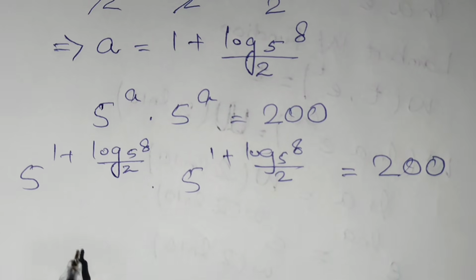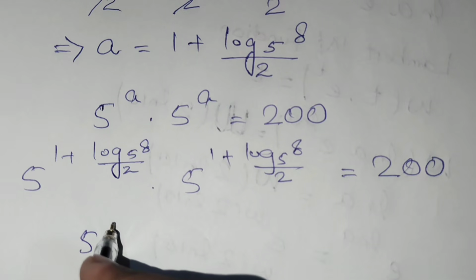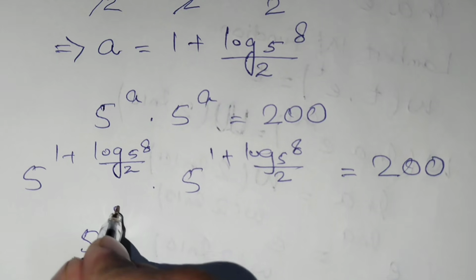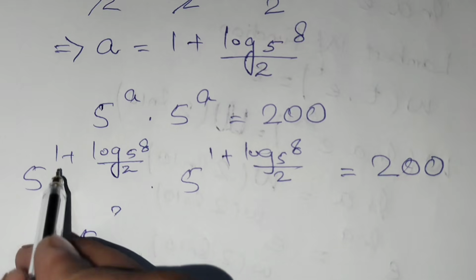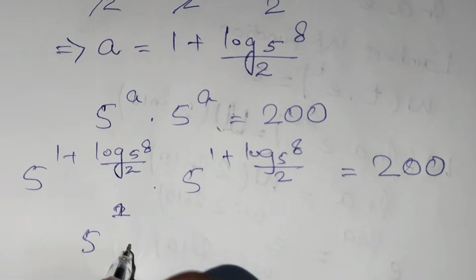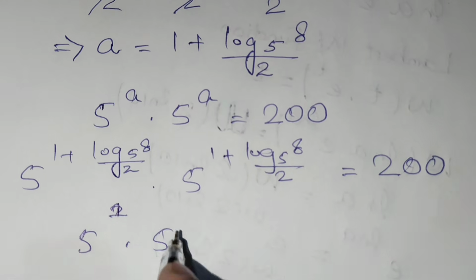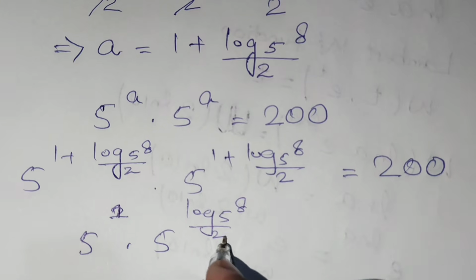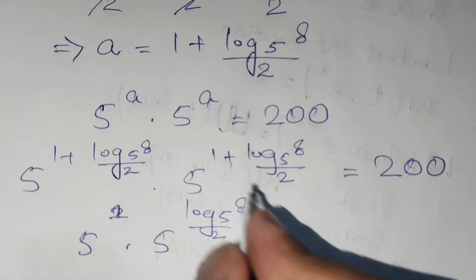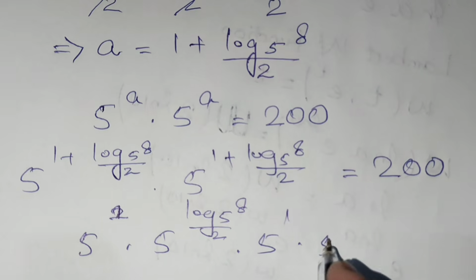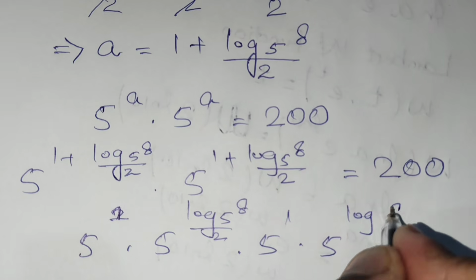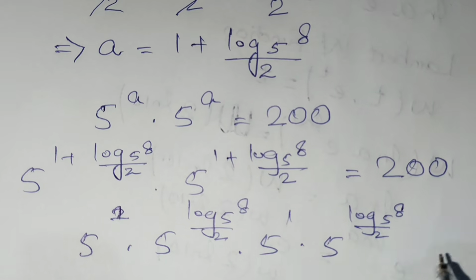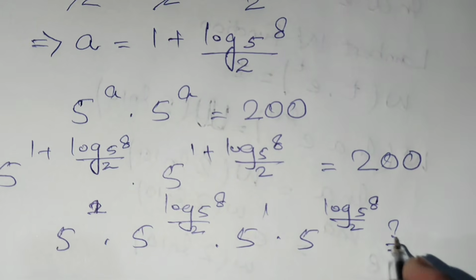Or we can write this as 5 power 1 times 5 power (log of 8 with the base 5, over 2) times the same again, equals 200.